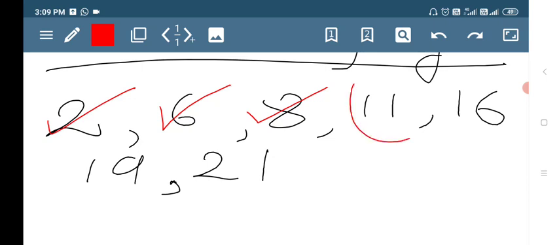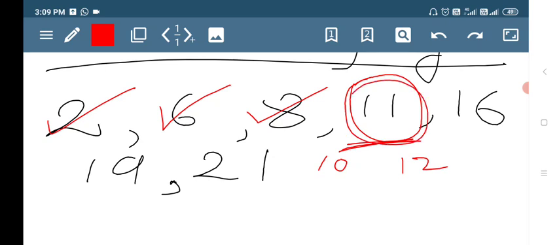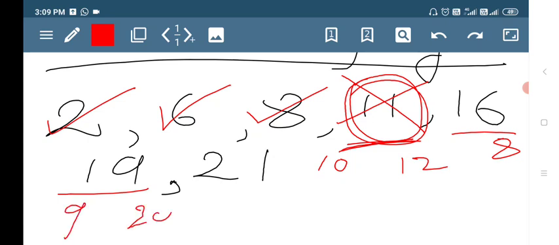So now see 11, whether it is divisible by 2. 2 5s are 10, 2 6s are 12. But in the 2 table we don't get 11, so it is not divisible by 2. 16, yes. 2 9s are 18, 2 10s are 20.